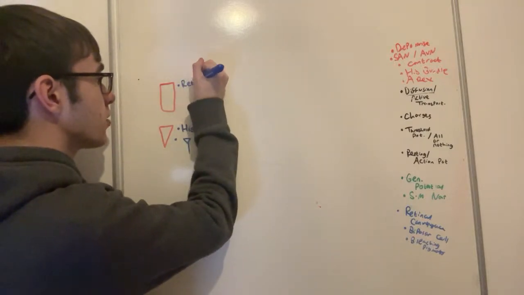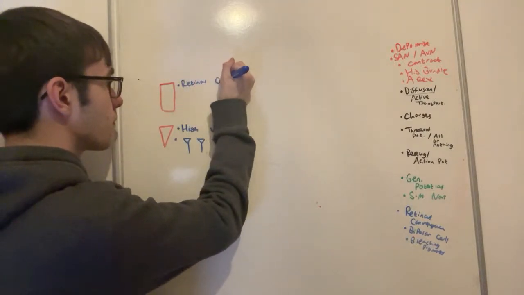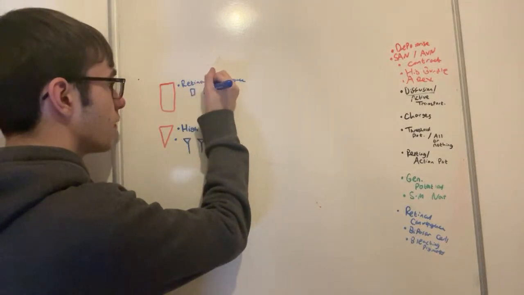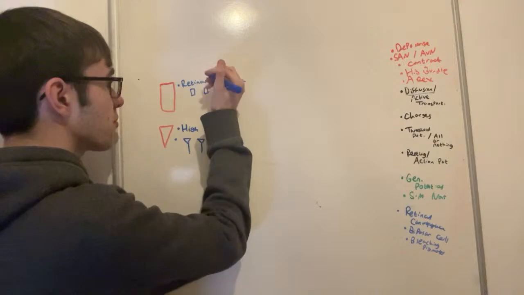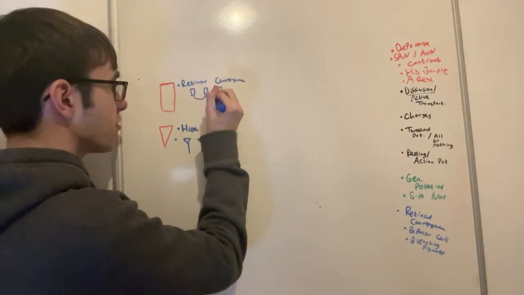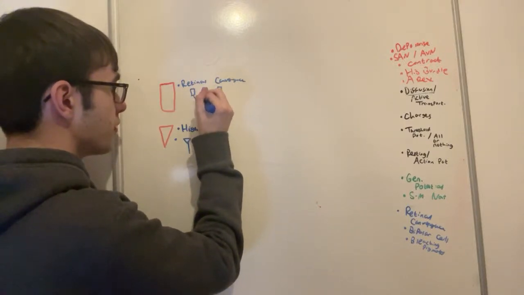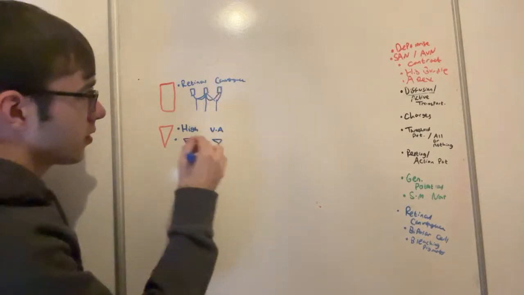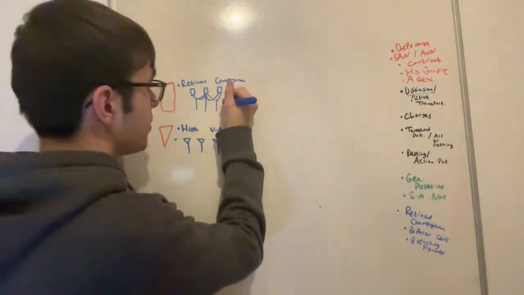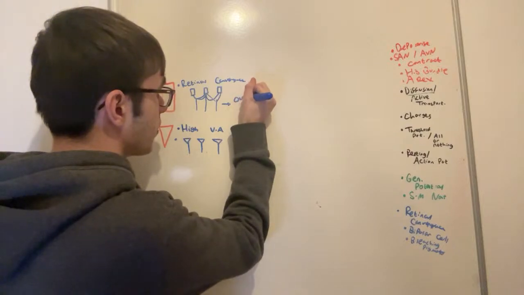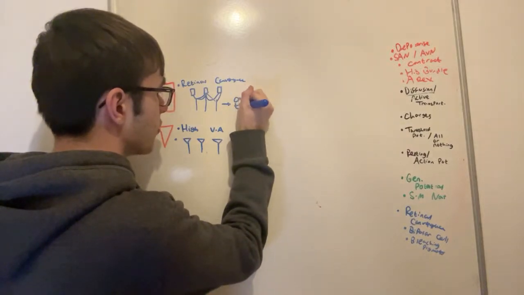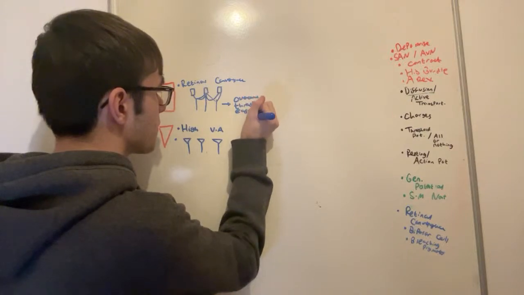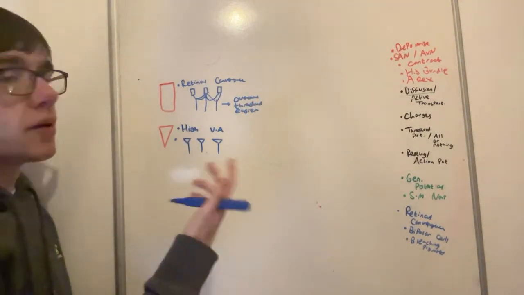Rods have retinal convergence, which means that multiple rod cells are connected to the same bipolar. And obviously that means that it can overcome the threshold easier because of this.